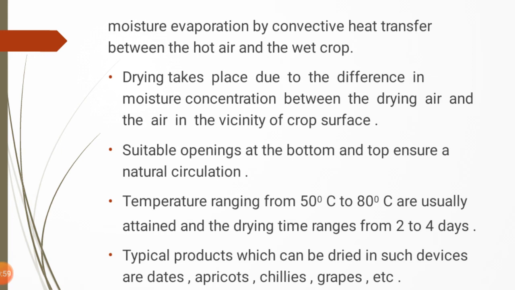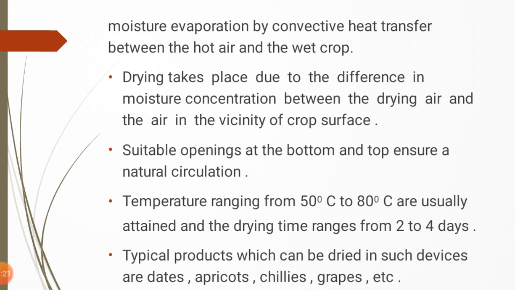So there is a difference in moisture concentration, between the moisture present above the crop and the moisture present in the entire enclosure, and due to this difference there is a drying process.